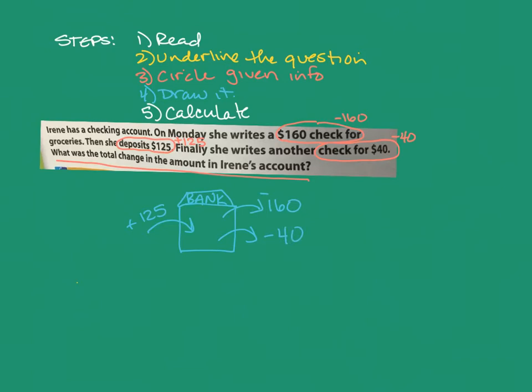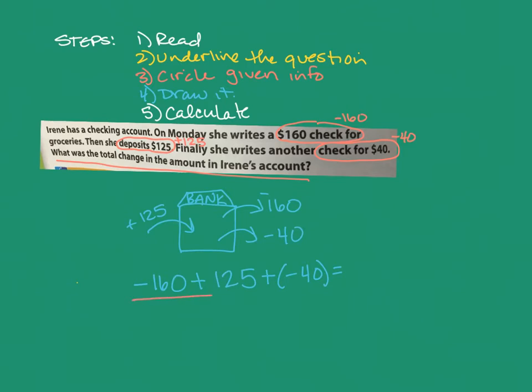So let's calculate that. We don't know what she started with, but whatever it was, she took $160 out, and then she added $125, and then she took another $40 out.